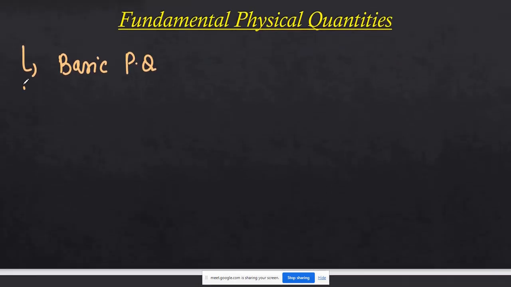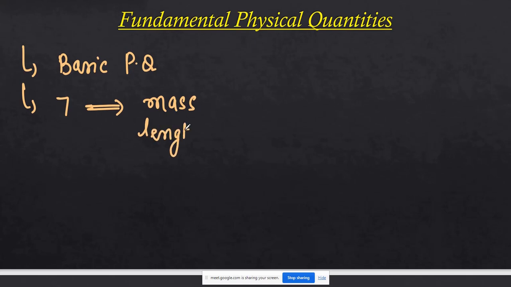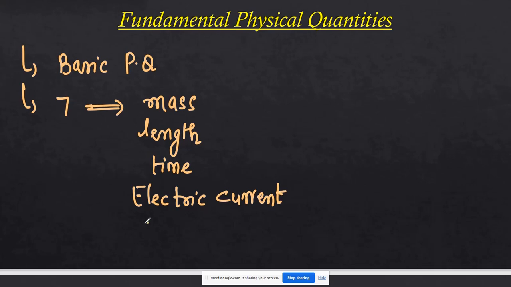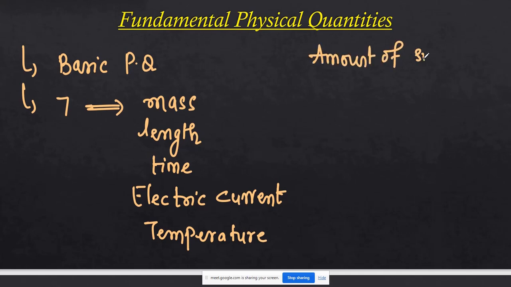And there are 7 fundamental physical quantities. Those are mass, length, time, electric current, temperature, amount of the substance, luminous intensity.